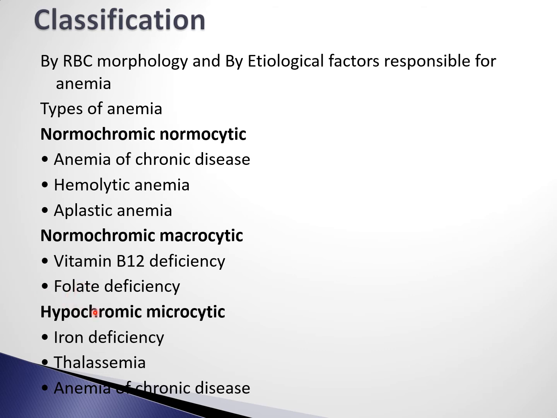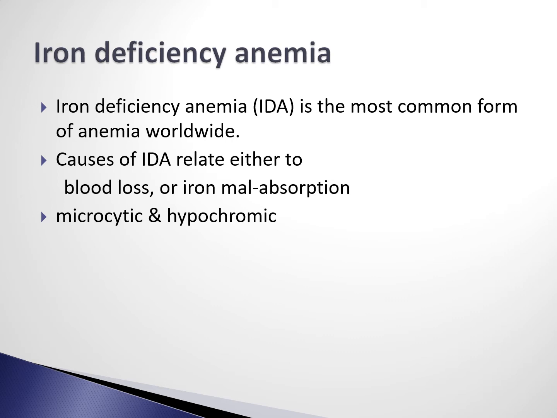Then we have hypochromic microcytic. These are the smaller cells, and there is hypochromia, and the RBC size is also reduced. This is seen in cases of iron deficiency anemia and thalassemia. So this iron deficiency anemia shows the characteristic feature of a hypochromic microcytic picture. Coming to iron deficiency anemia, it is the most common form of anemia.